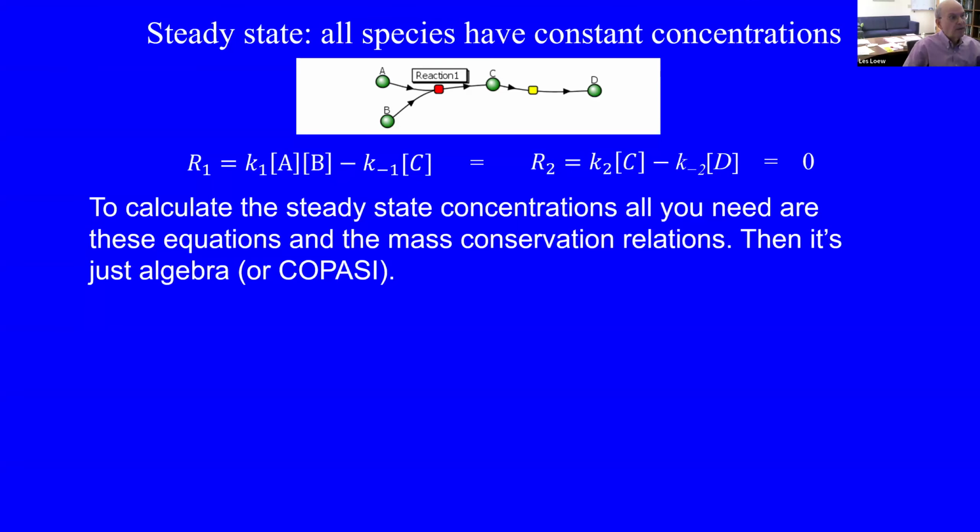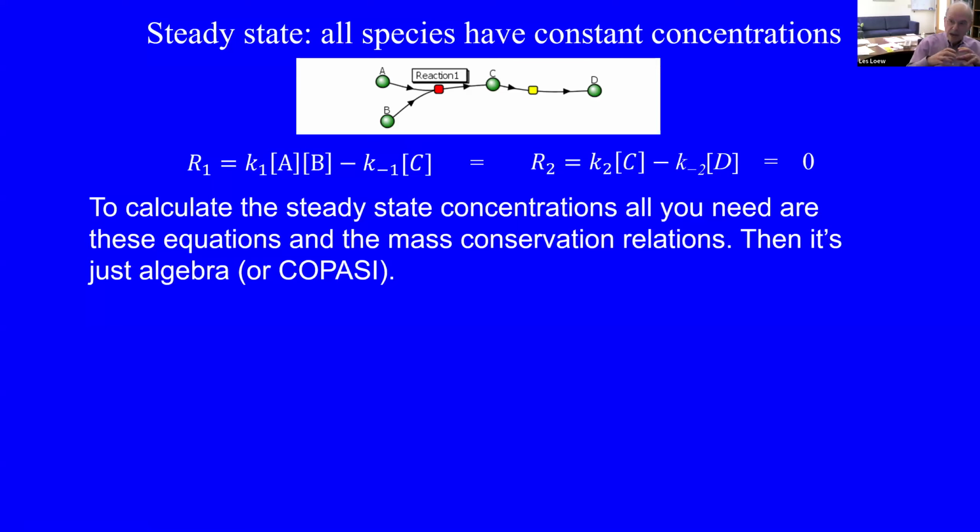So you know that if A plus B goes to C and C goes to D, there's some relationship between the initial concentrations of A and B and how much C you could possibly get. You can never get more C than you have of either A or B, right?